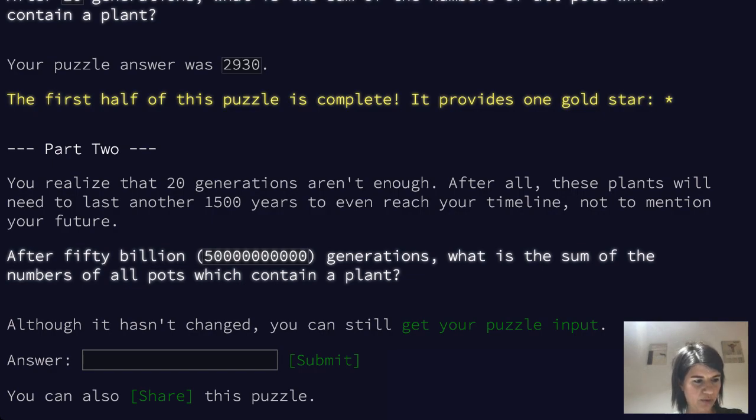So we have 1, 2, 3, it's 9 zeros and another 1 from the 50, so 10 zeros, right? 1, 2, 3, 4, 5, 6, 7, 8, 9, 10 zeros. Okay. What is the sum of the numbers of all pots which contain a plant?